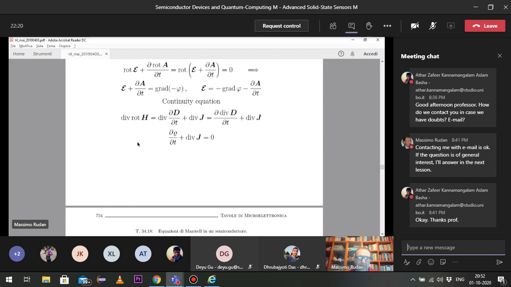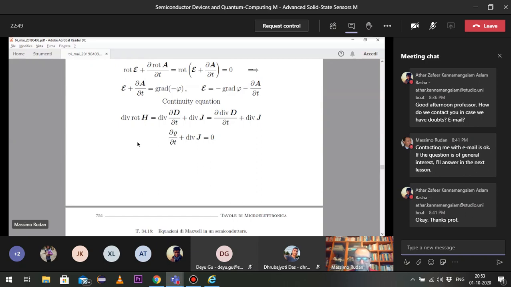Essentially, an equation like this expresses the conservation of charge. You remember from calculus, if you take any volume and then you integrate this equation over the volume, you find that the variation of the total charge inside the volume is equal to the flux of J across the boundary of the volume.